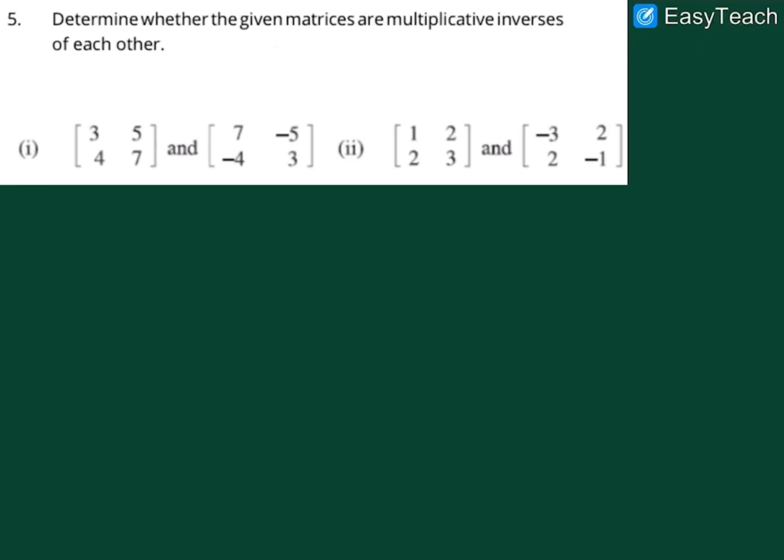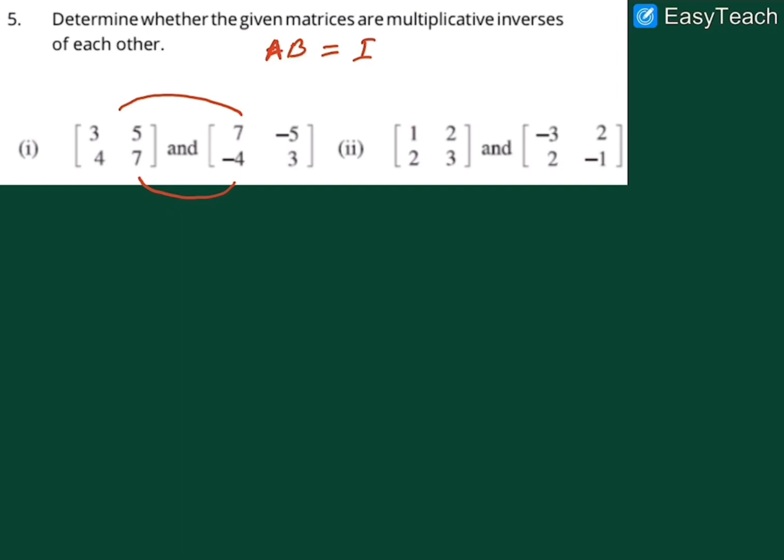In question number 5, it says to determine whether the given matrices are multiplicative inverses of each other. You know the condition for multiplicative inverse: two matrices A and B are multiplicative inverses of each other if and only if AB equals I. So if these matrices are inverses of each other, then when we multiply this with this, or this with this, we should get the identity matrix.